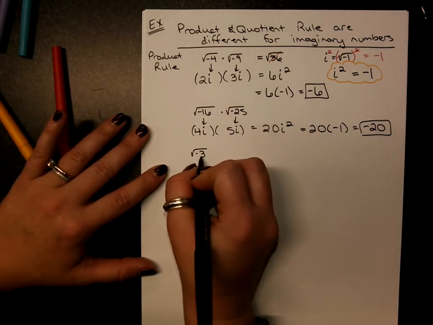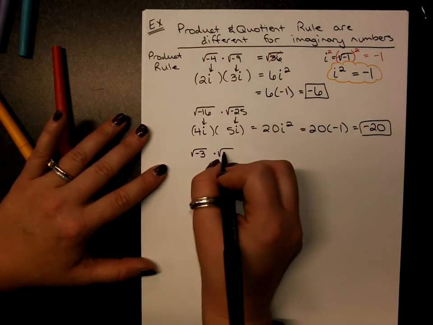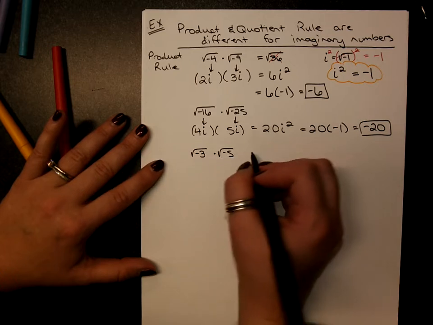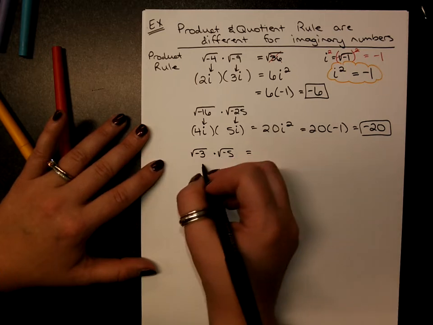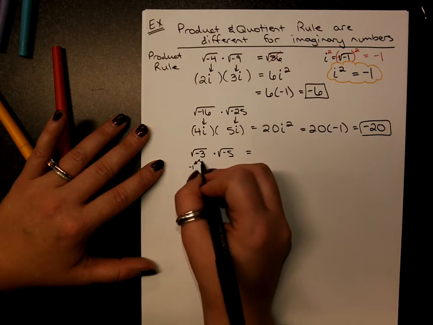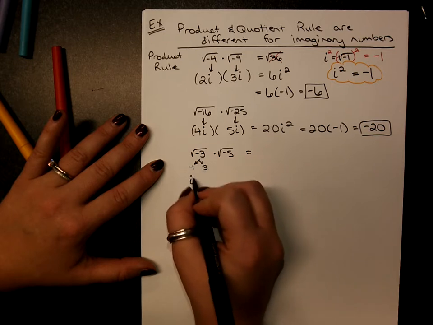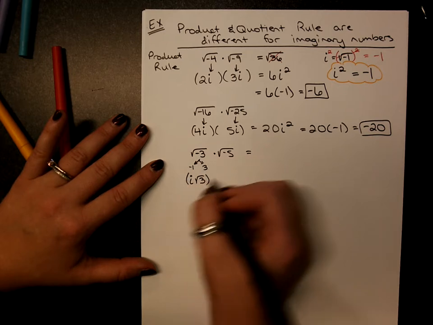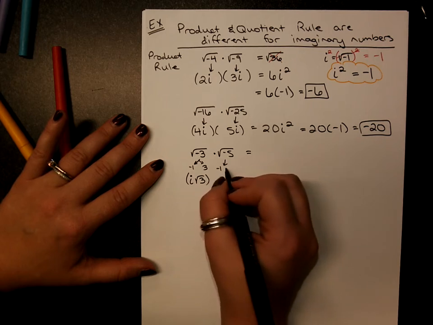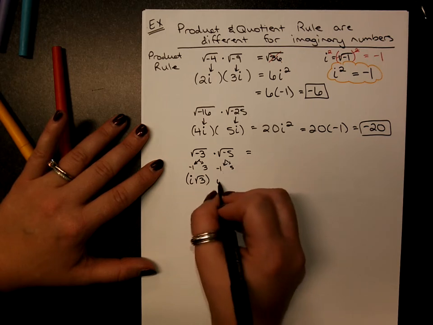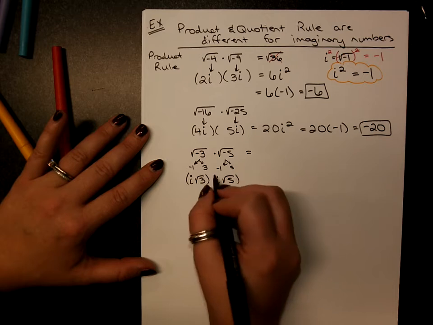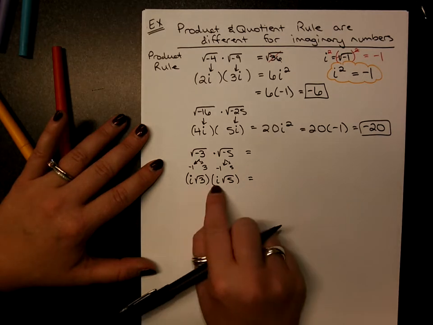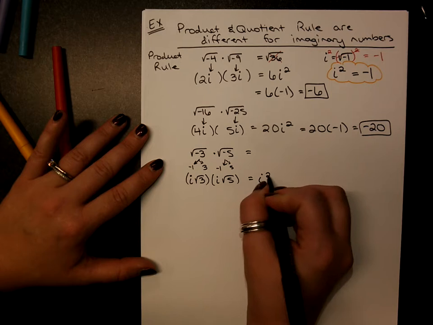We have the square root of negative 3 times the square root of negative 5. All we're going to do is take the negative 1 out. So this is going to become i radical 3. This is going to become i radical 5. i times i is i squared.